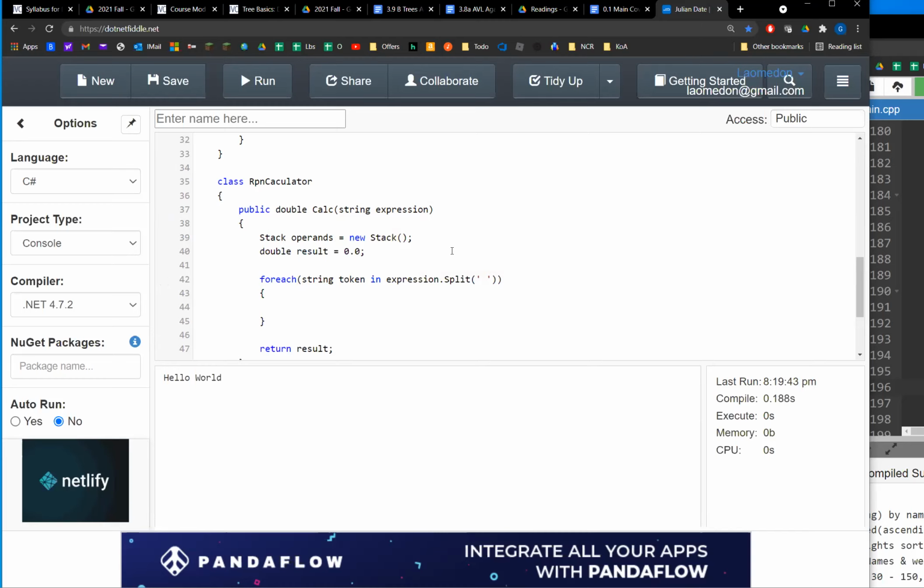This is C#. However you want to break apart your string is not particularly pertinent to the stack data structure or the calculator itself.